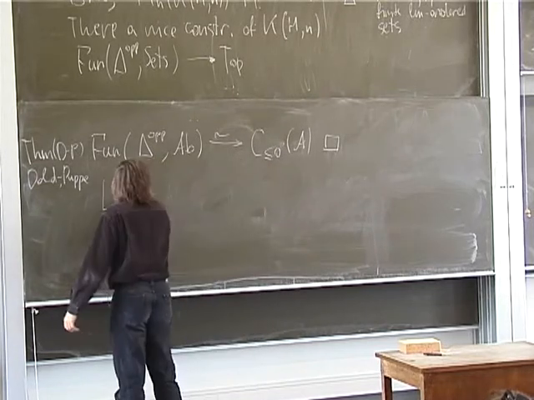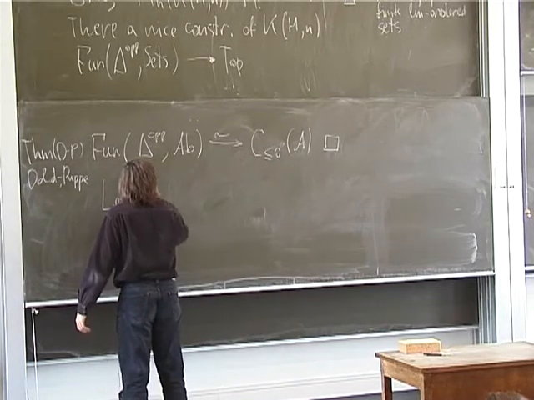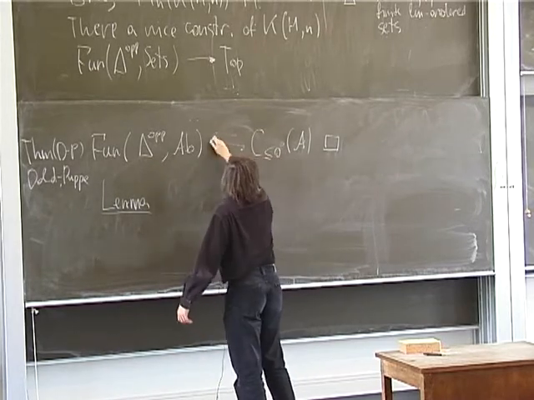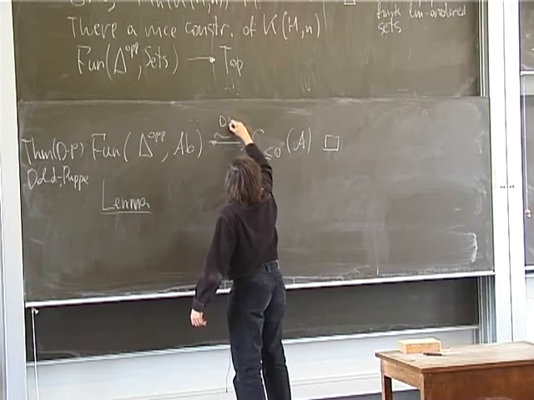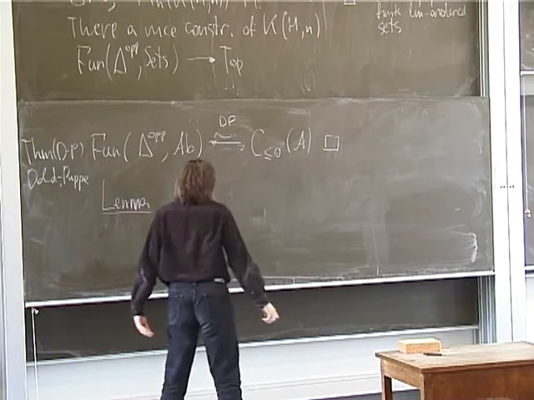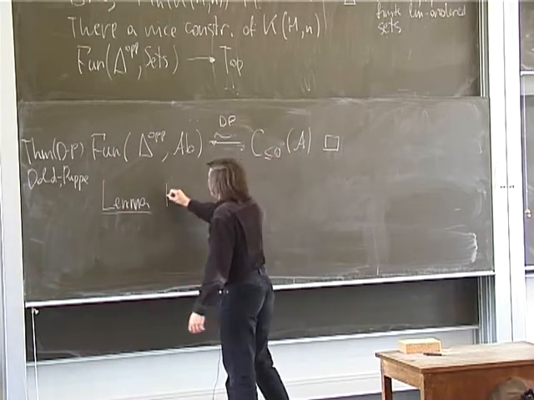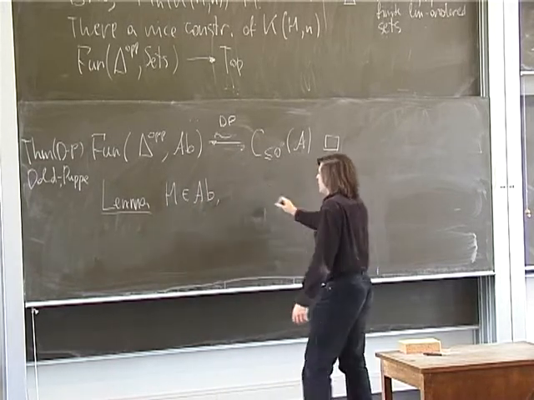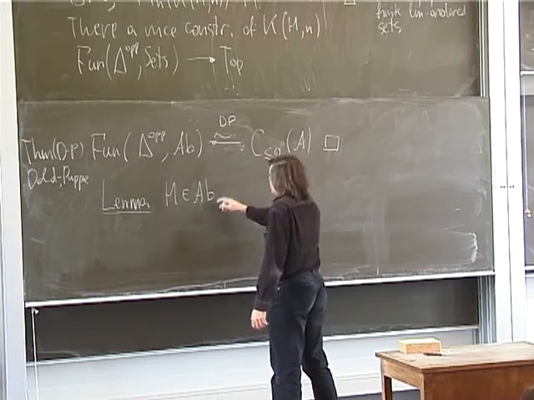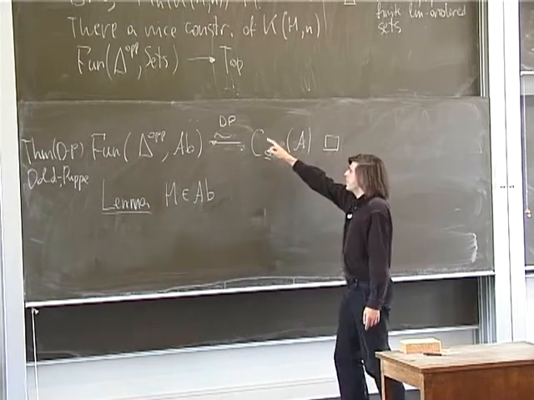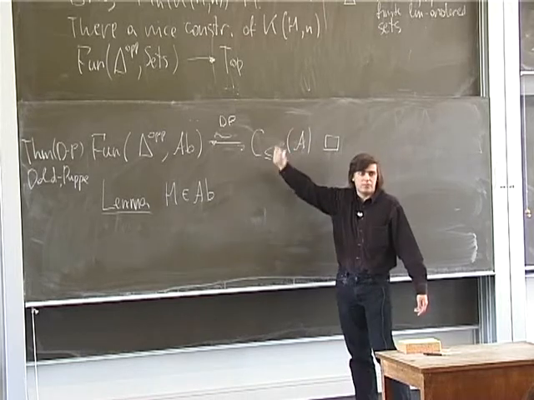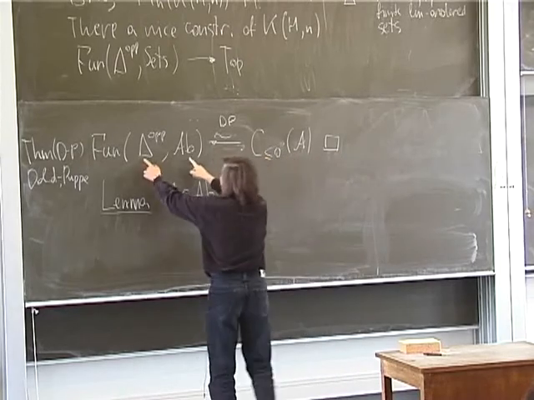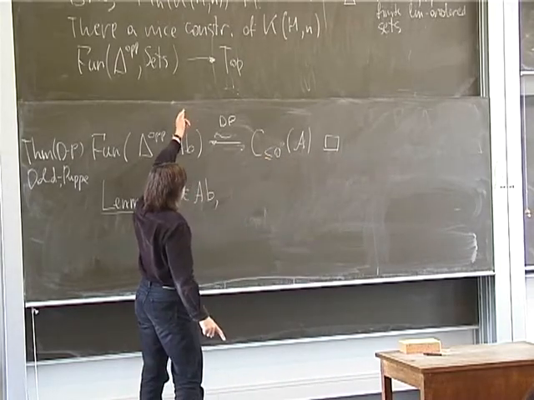And then a very simple lemma says the following. Let me denote this equivalence, or rather the inverse one, by DP, for Dold-Puppe. Lemma: if we have some abelian group H, we consider it as a complex, and we shift it downwards by n, apply this equivalence, get a simplicial abelian group, and take a topological realization.